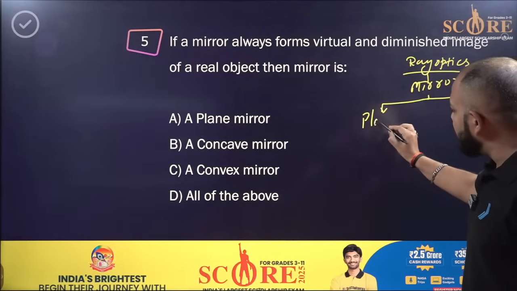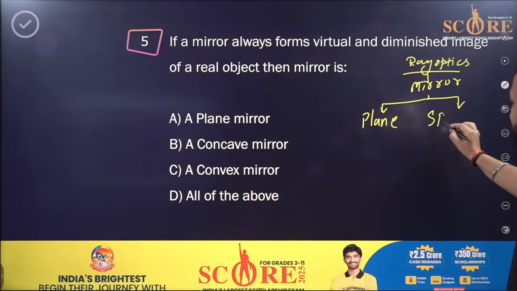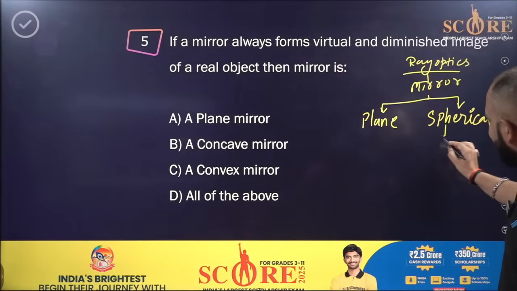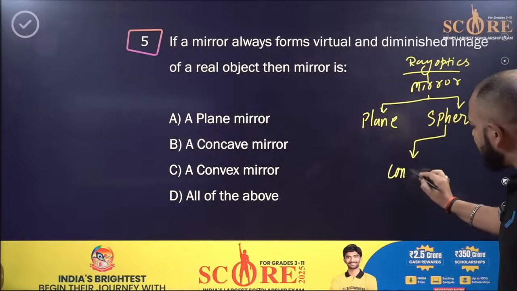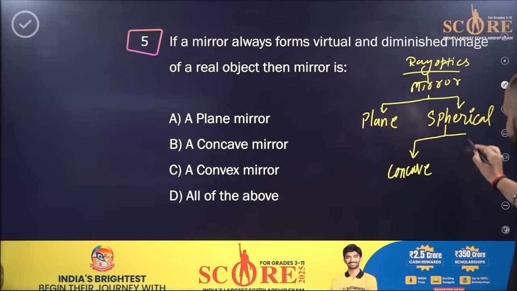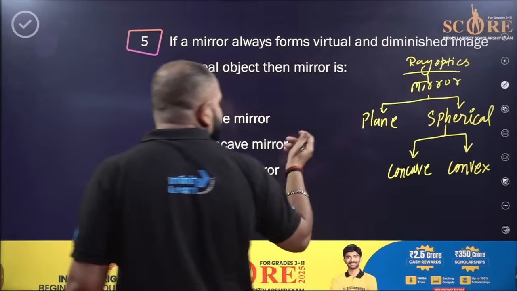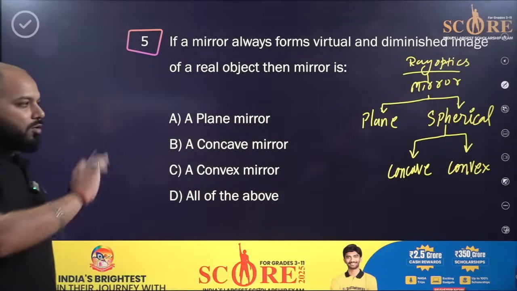First, the plane mirror, and then the spherical one. Then in the spherical, again we have two: one is the concave and the other is the convex. I hope you know this much very well: plane, spherical, concave and convex.